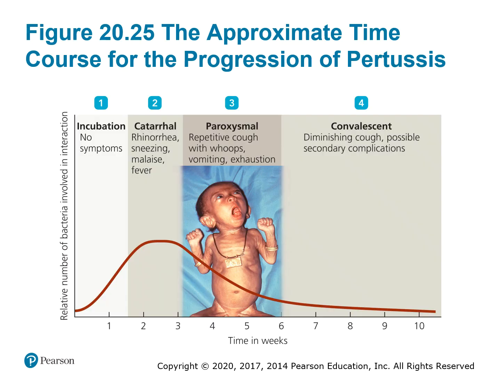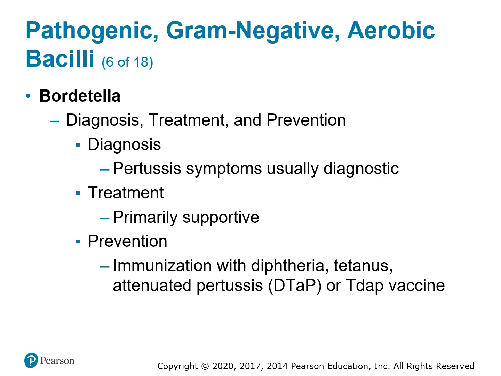This is a timeline for the progression of pertussis, so it's just showing you the different periods, incubation, that whole idea of the different periods of time, and then the symptoms you would expect to see in each of those. The diagnosis of pertussis is usually clinical.